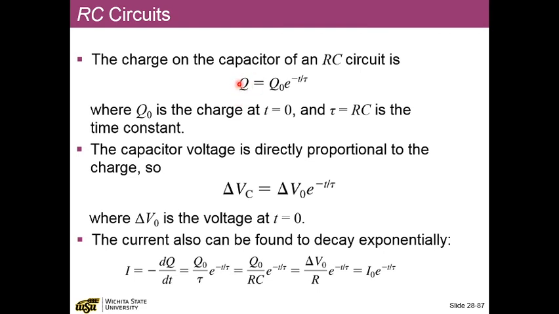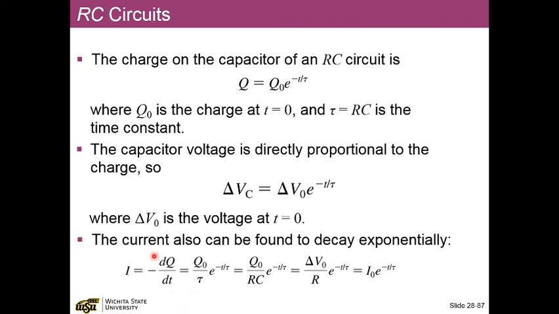At any point, the voltage across the capacitor is also decaying from its maximum value, the voltage at t equal to 0. It decays in the same manner as the charge, because as you lose charge, your voltage goes down accordingly.